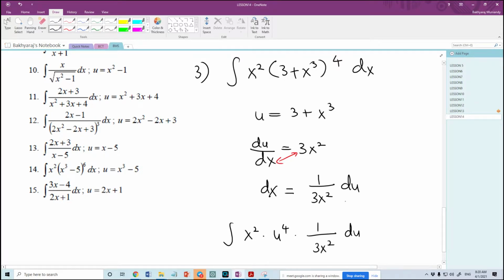Okay, so what is a nice thing you can see here? Both have x square, so we can simply cancel the x square, because x square divide by x square. Now you will have only the integration in terms of u.